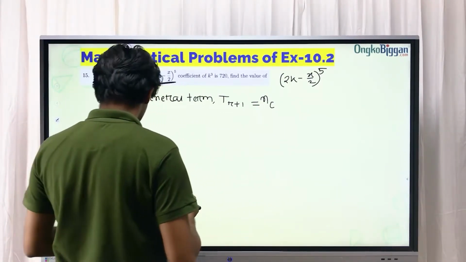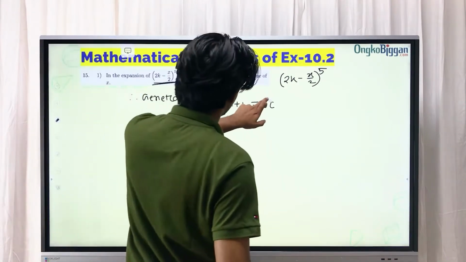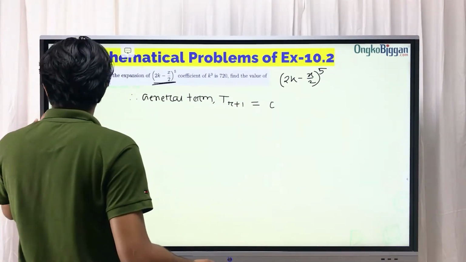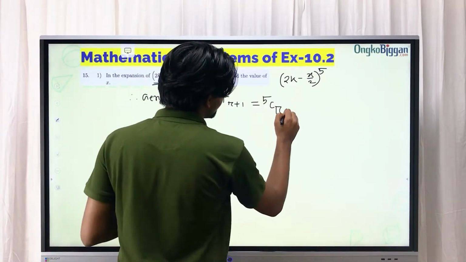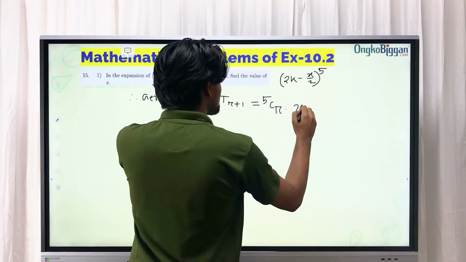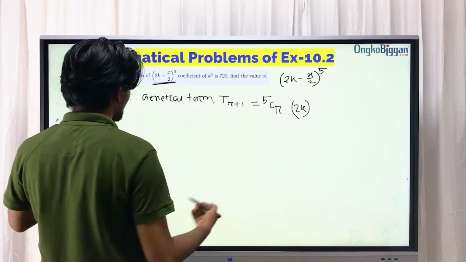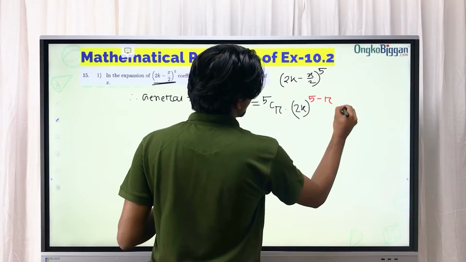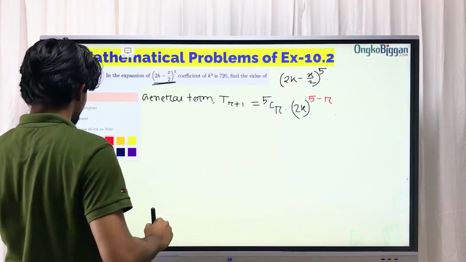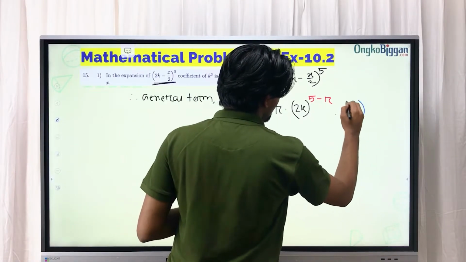5C r, oh sorry, there is 5, so it will not be nC, it will be 5C r, dot (2k) whole to the power of 5 minus r, dot (x by 2) to the power of r.